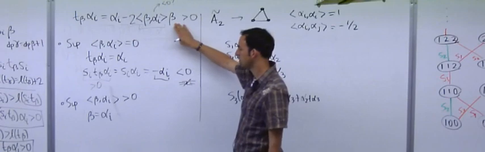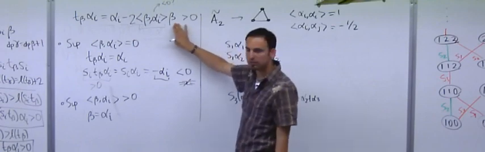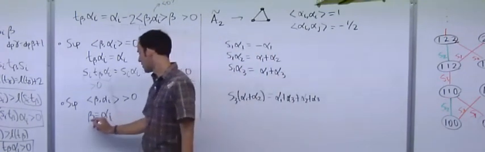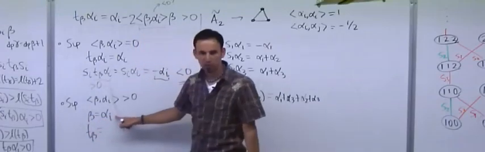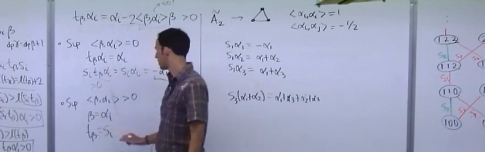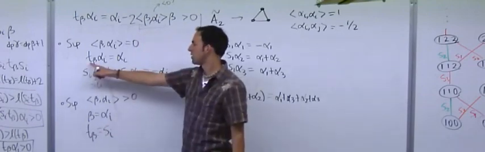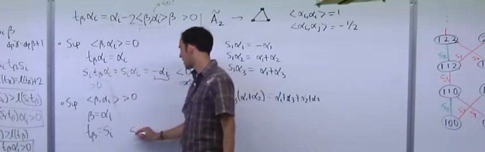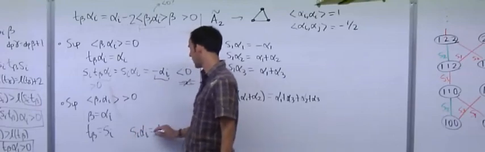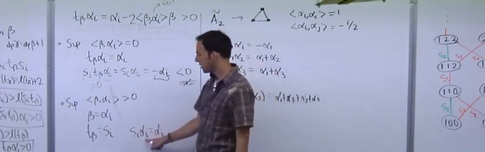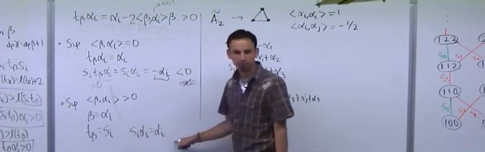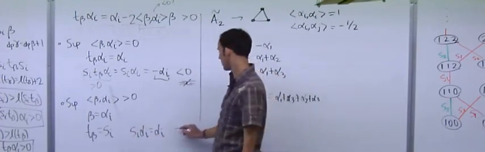Okay. And where's my contradiction now? My contradiction is in that the reflection corresponding to beta is T beta. The reflection corresponding to alpha I is Si. And supposedly Si alpha I is equal to alpha I. But we know that that's not true because Si alpha I is negative alpha I. So this is a contradiction.